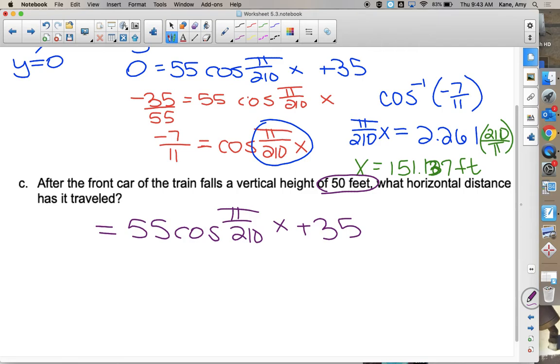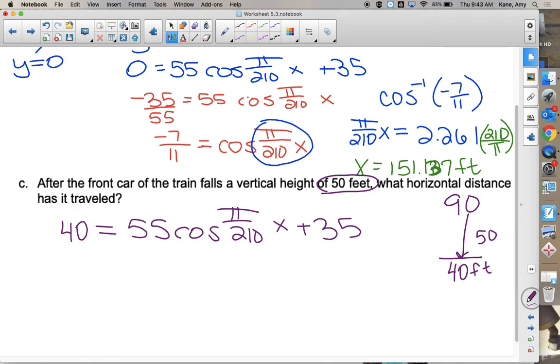What number do you plug in for y if it's falling 50 feet? Emma? You would plug in 40. Why 40? Because if the top's at 90 and you're dropping 50 feet. Right, so it starts at 90, you're dropping down 50 feet. So if I drop 50 feet, now we're really at 40. Be careful, you're not necessarily just plugging that number in for y.